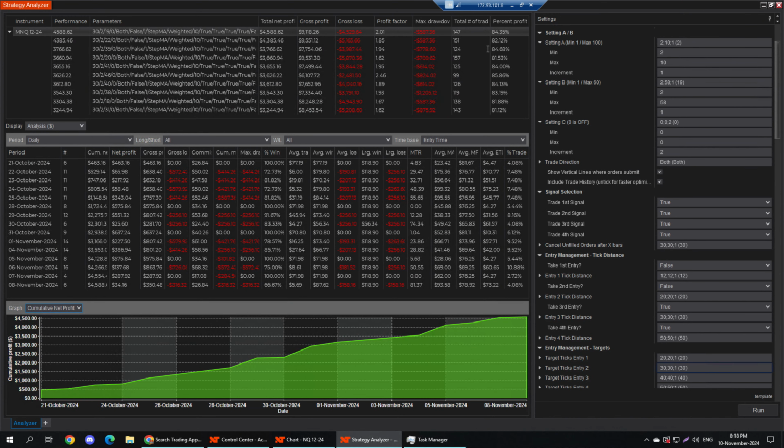But doing a re-optimization on this, the 219 is far more profitable. So I actually might go and adjust this to 219 in the settings.